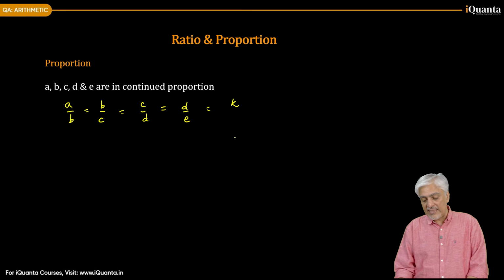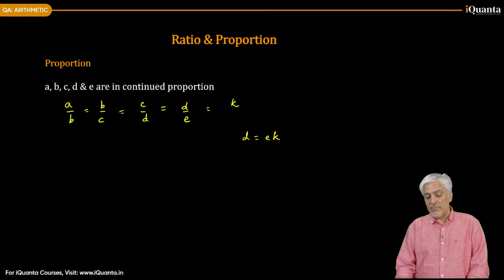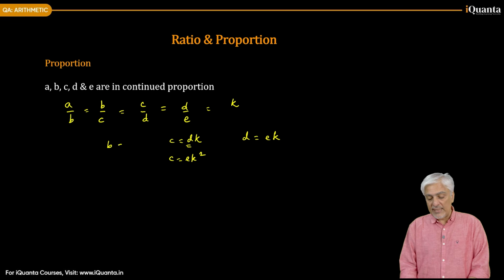You can take D is equal to EK. Now pay attention. D becomes equal to EK. C actually becomes DK. But because D is EK, I can write C as EK square. B is CK. So putting the value of C over here, B becomes EK cube and A becomes BK.